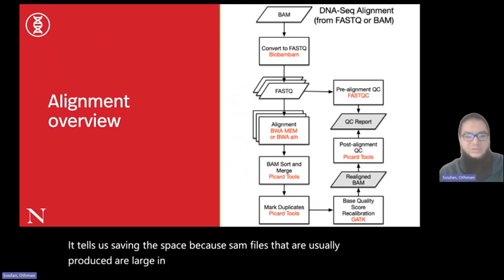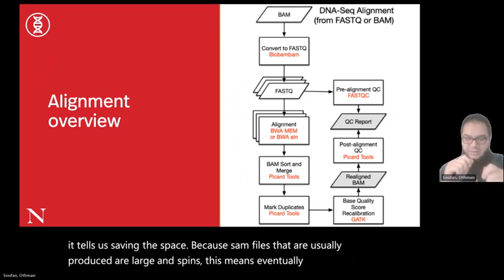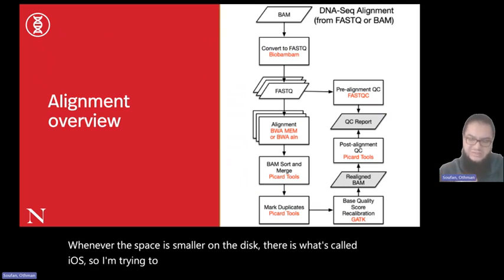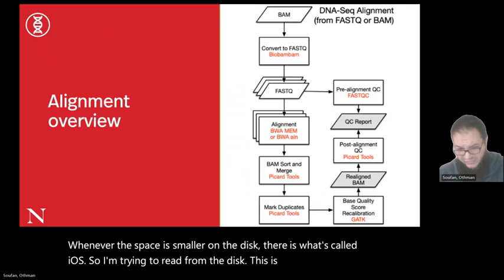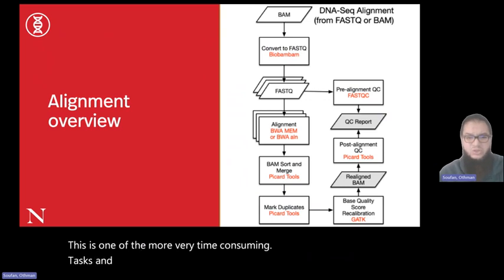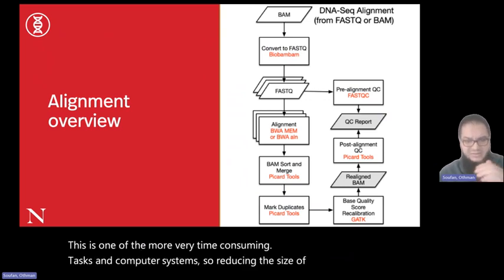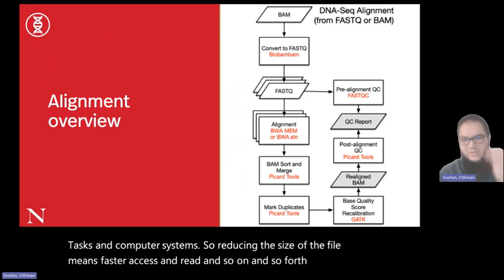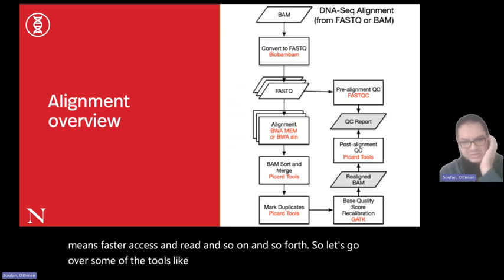This means that whenever the space is smaller on the disk, there are fewer what's called I/Os. So if I'm trying to read from the disk, this is one of the more time-consuming tasks in computer systems. So reducing the size of the file means faster access and read and so forth. So let's go over some of the tools, skim through them, that are here in the slides.